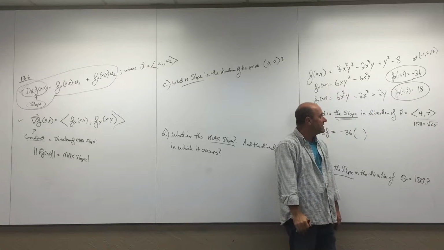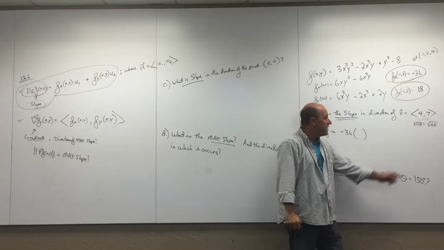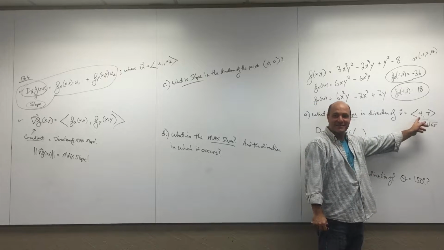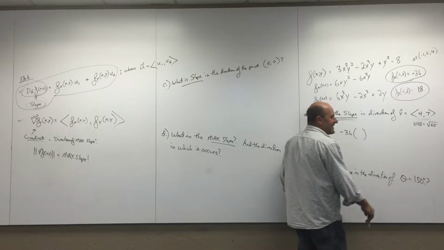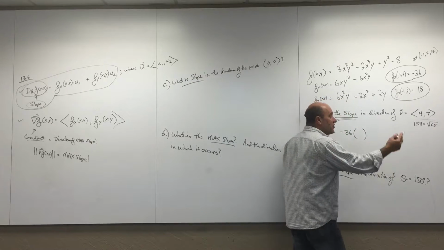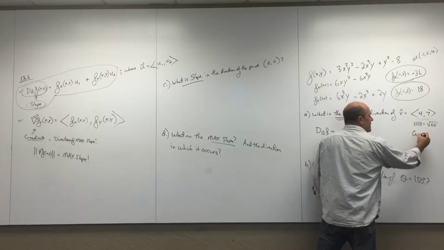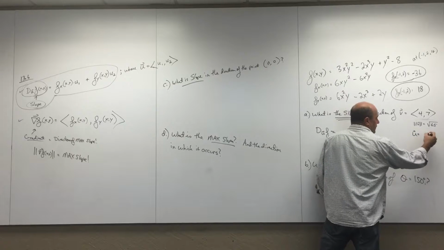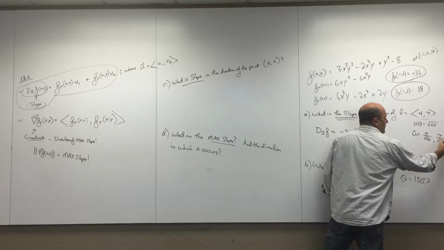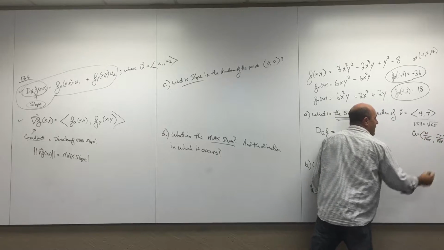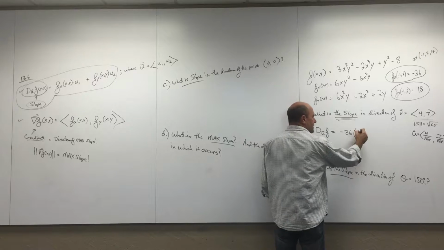I was Pythagorean theorem champion in 2nd grade. So 16 plus 49 square rooted. I got that down. So the unit vector that we're talking about is 4 over the square root of 65, comma 7 over the square root of 65. And anyway, I'm going to leave it like that.